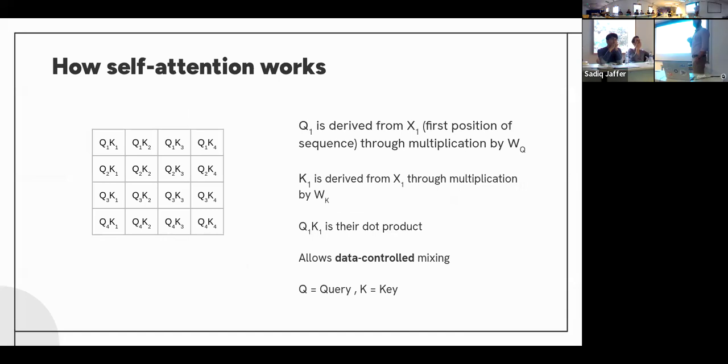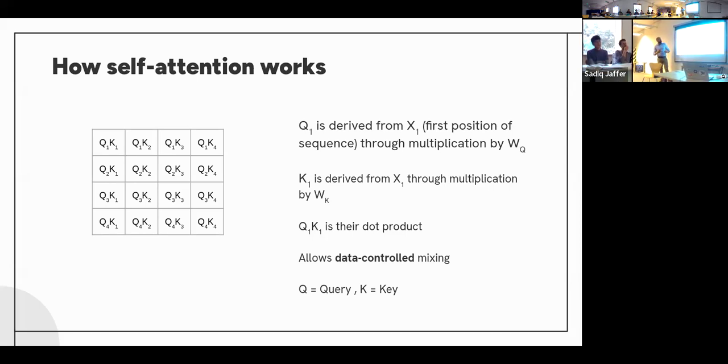So what's actually happening inside here, right? If we look at QK transpose, assume we've got a sequence here that's only 4 tokens. Our matrix, QK transpose, is the dot product of the first query vector and the first key vector, and then the first query vector and the second key vector, and so on and so forth, right?